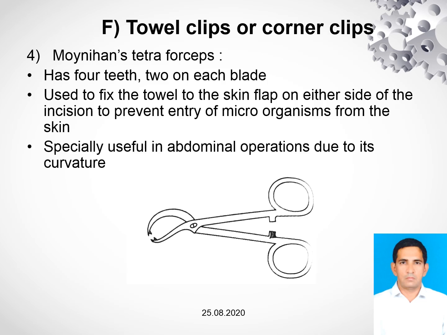Moynihan clamps are versatile because of their longer length and angled jaw, and can be used in areas where straight jaw clamps cannot be used. Moynihan towel clamp is also called Moynihan towel forceps.